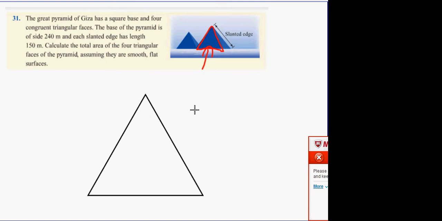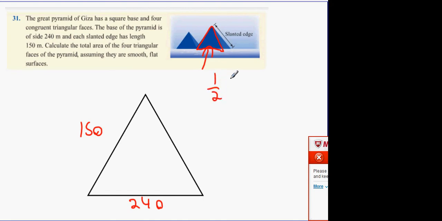The base of the pyramid is of side 240, so the bottom is 240. Each slanted edge has a length of 150. Calculate the total area. How do you get the area of a triangle?